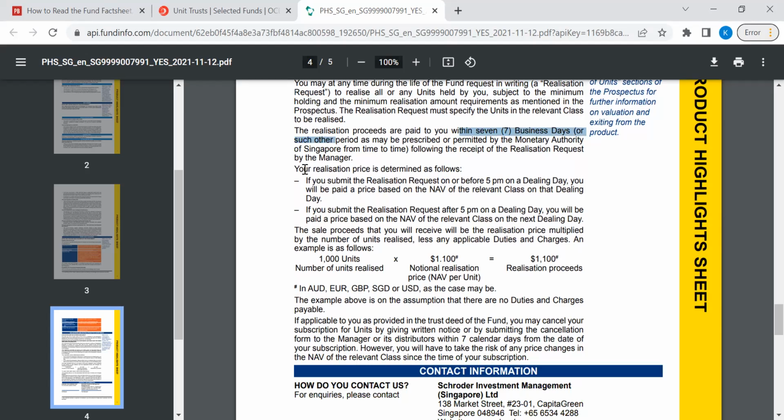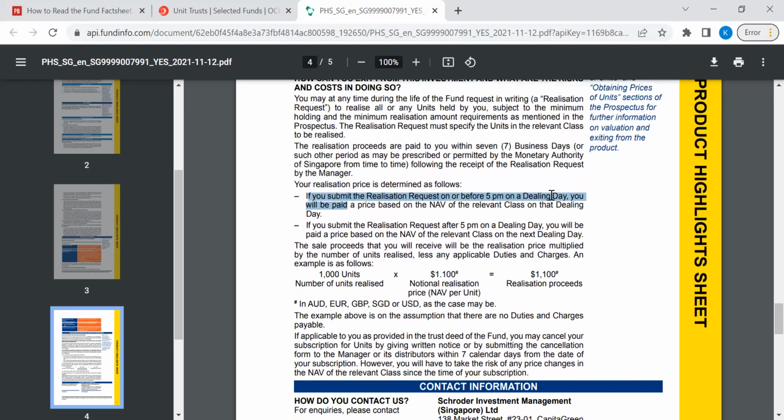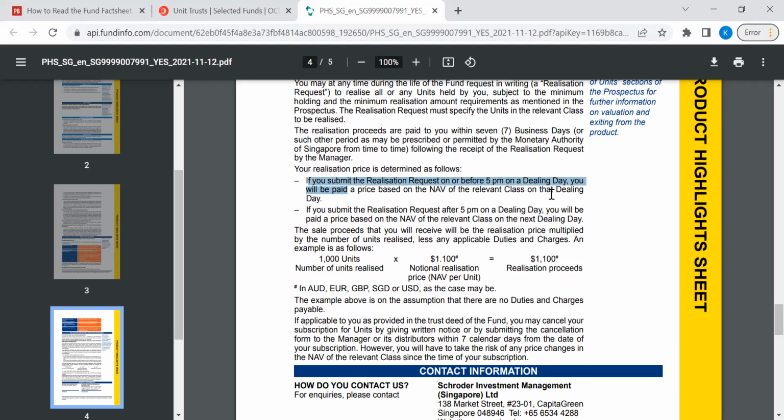Okay, important, how they calculate your realization price. If you submit the realization request on or before 5 p.m. on the dealing date, you will be paid a price based on the net asset value of the relevant class on the dealing date. So basically, at the end of the day, there will be a finalization of the price.